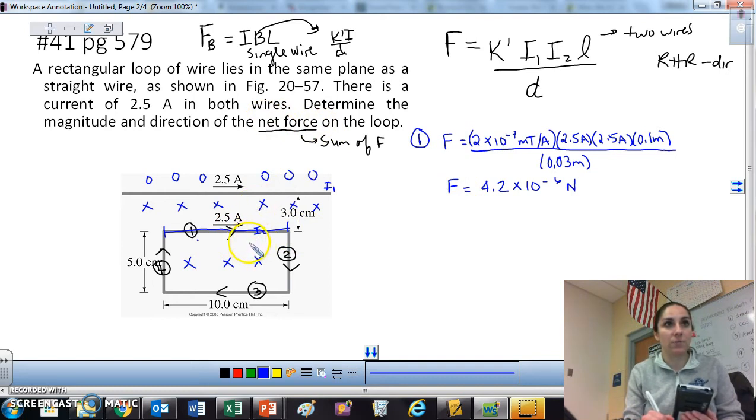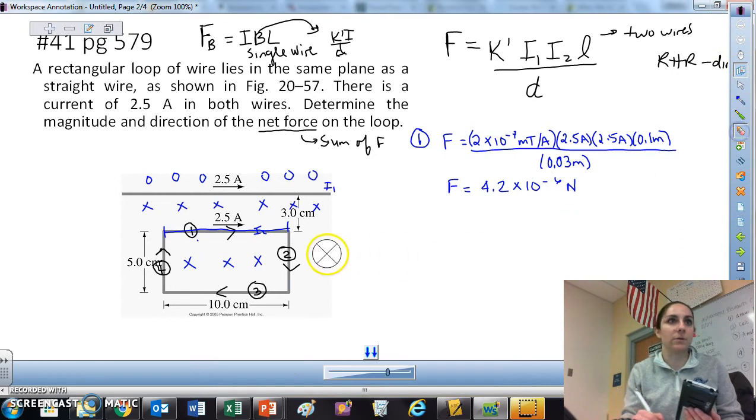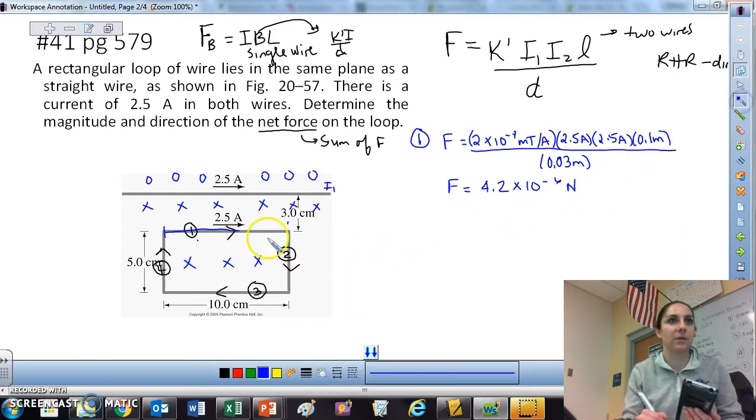Now we need to know the direction because we need to know the net force. So right-hand rule. What I'm actually going to do, because you can't see my right hand, it's kind of tough like this, so I'm going to just draw out my right hand the way it would look, right? So my fingers would point along the direction of the current, my palm would face in.